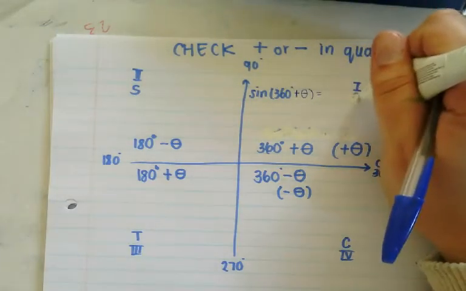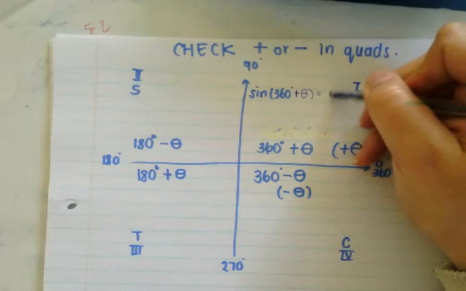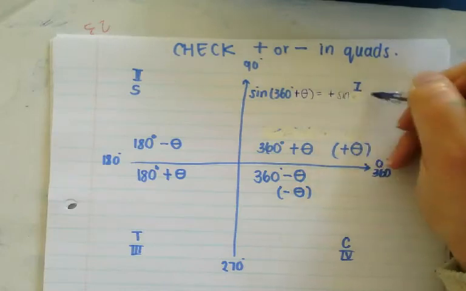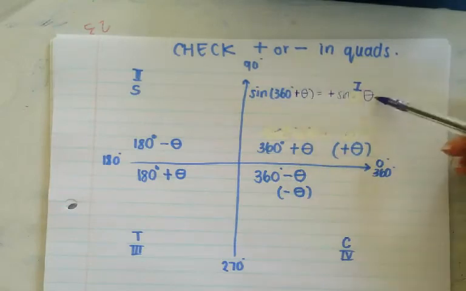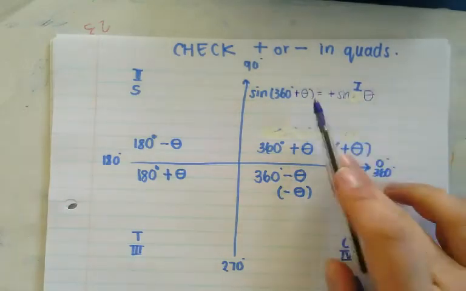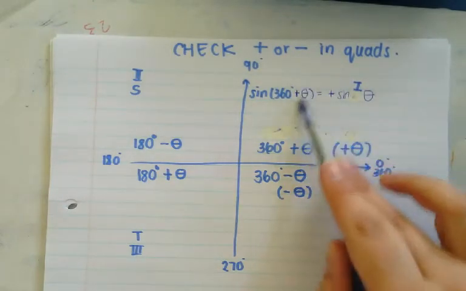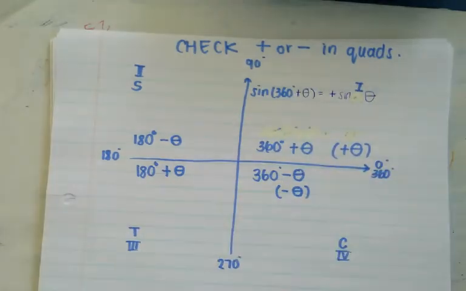Positive. So it would be the same as just saying sine theta. So whatever that theta was, that's the theta there. Not plus theta. Remember that plus doesn't give me any kind of indication of plus or negative. That is only based on the quadrant. The quadrant tells me that it's positive.